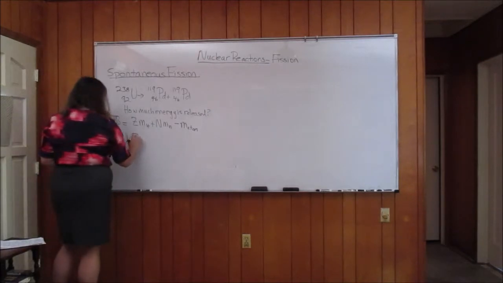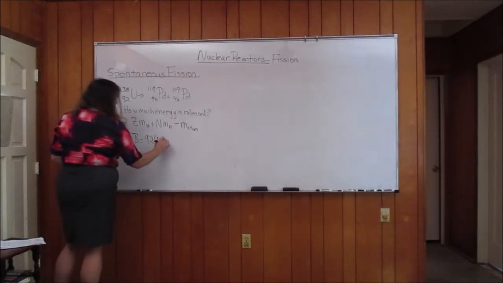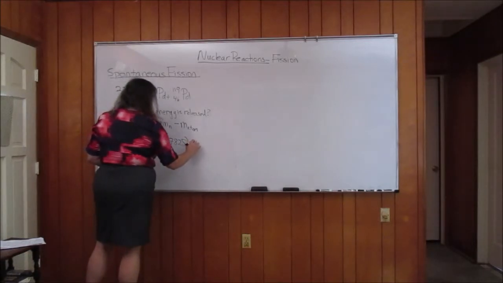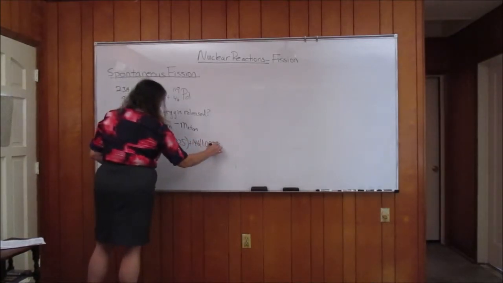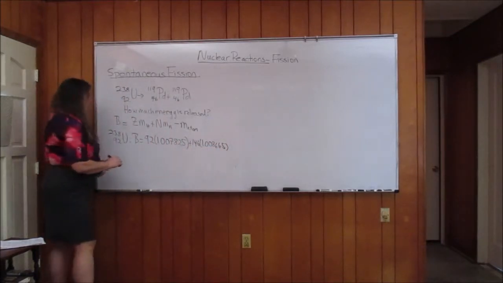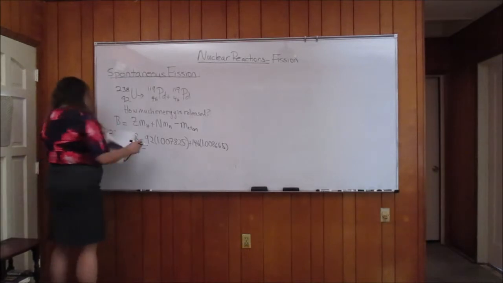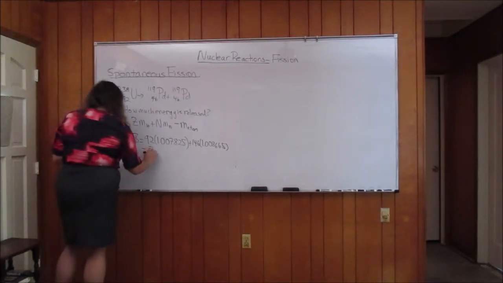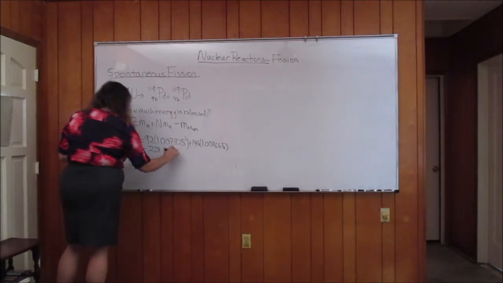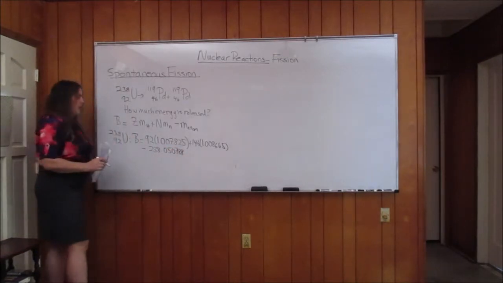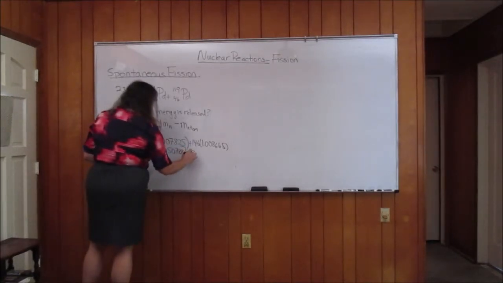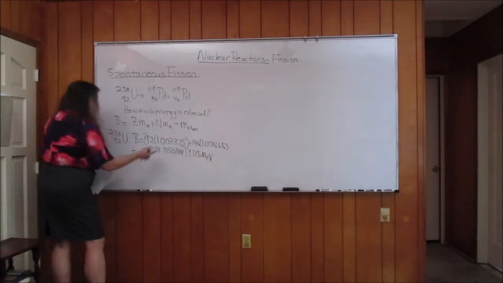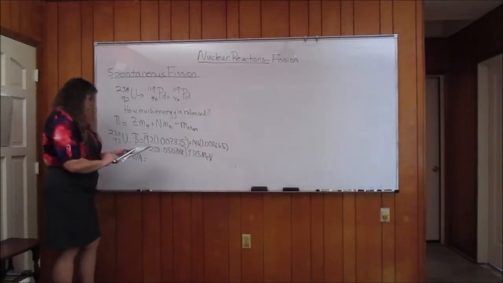So for uranium-238, that is going to be 92 times 1.007825 atomic mass units plus 146 times 1.008665 minus the mass of uranium-238, which is equal to 238.050788, and we want to multiply that by a conversion factor, and without putting all the steps in there, basically it's multiplying by 931.5 mega electron volts.